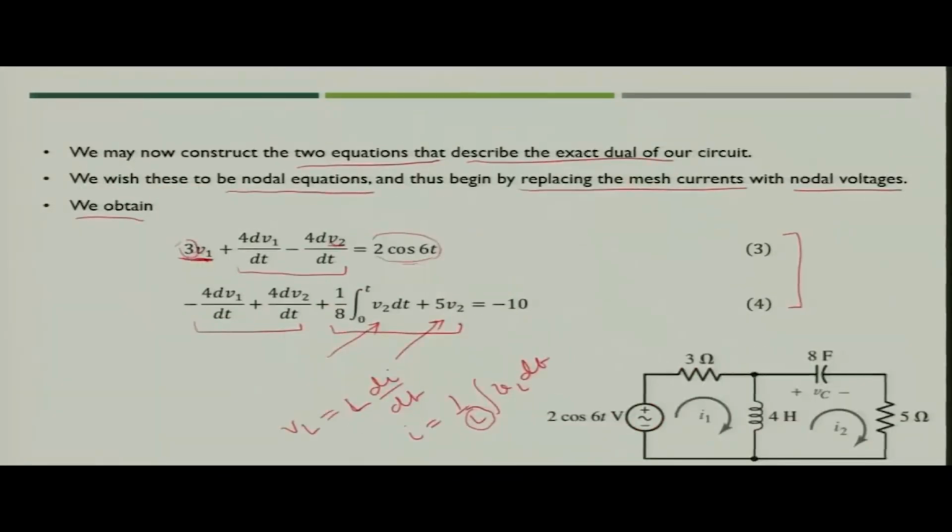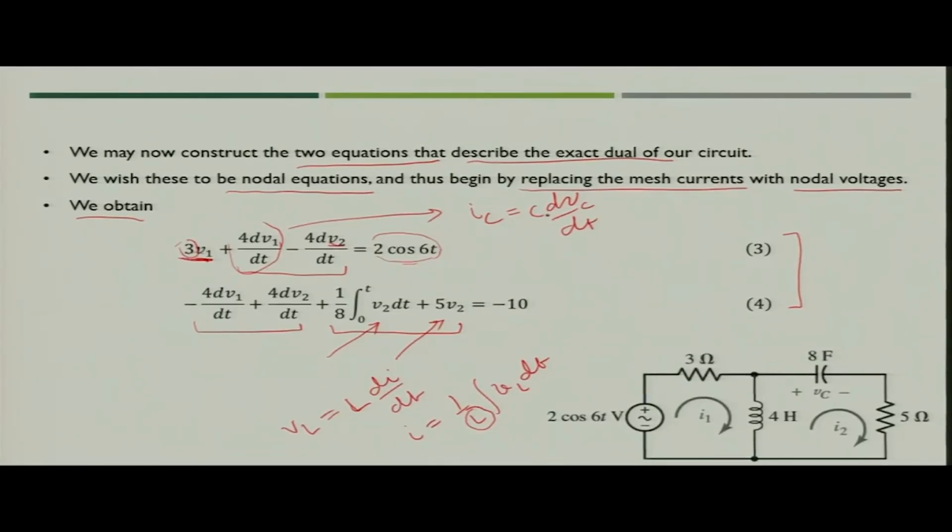How? If you see, this is nothing but the value of the current which is connecting two nodes, right. So, if this is the value of current, what does it signify? If you correlate with capacitor current, I C is nothing but C dV by dt.